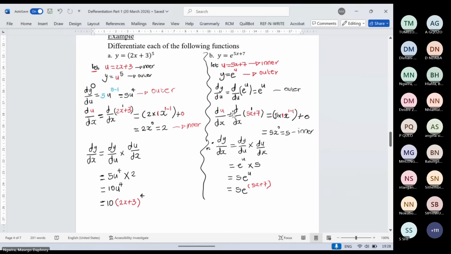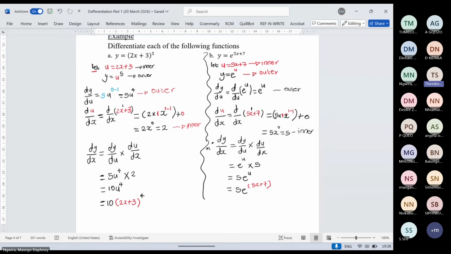Sorry, I was a bit late, but I see in your A, when you make that u, that's the outer when you say y is equal to u to the exponent 5, right? And then on your B, here's my function.